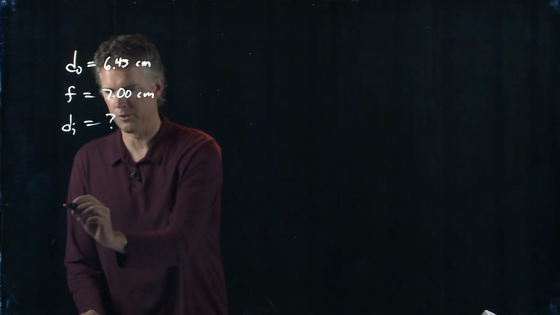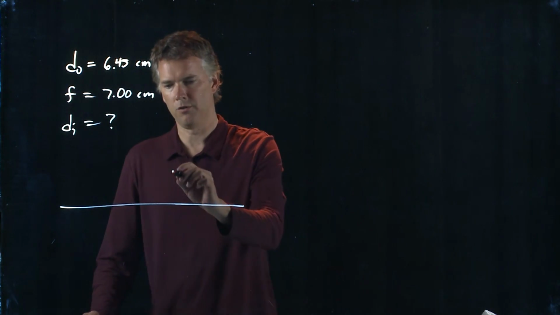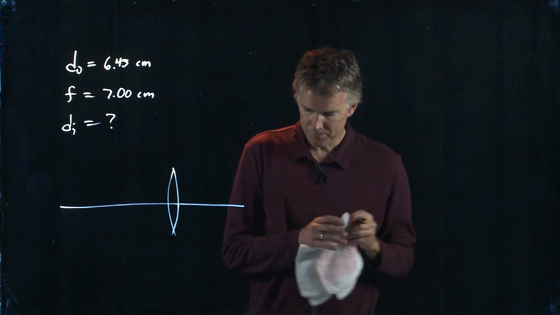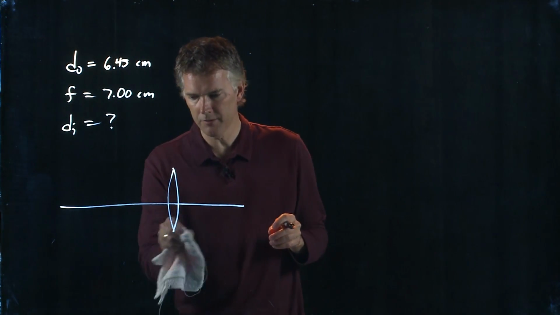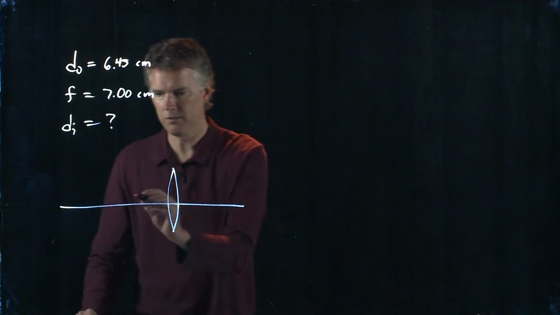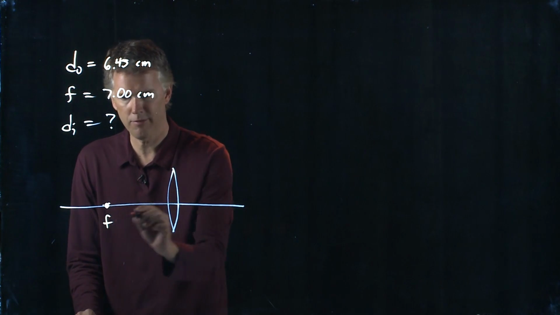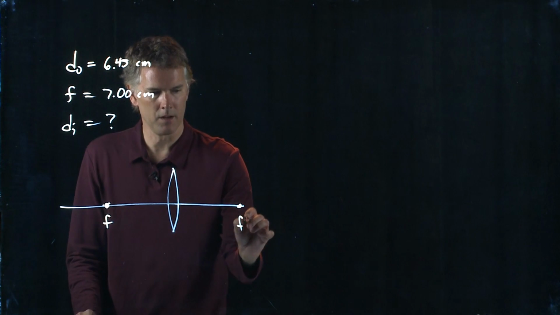Okay, let's draw a picture of this thing. Here's our lens. They told us that it is a 7 centimeter lens, and that is a positive number, so it's a converging lens. So let's put the focus right there, F, on either side.